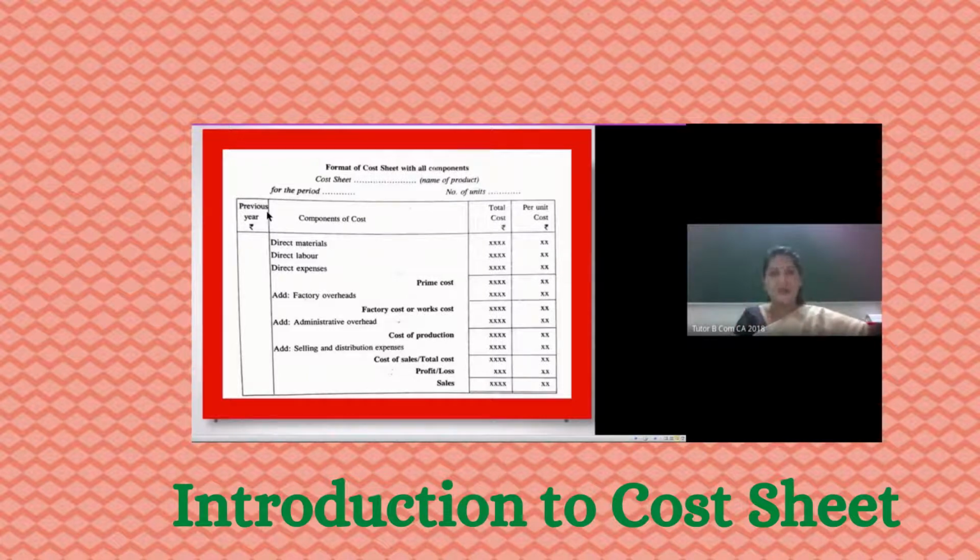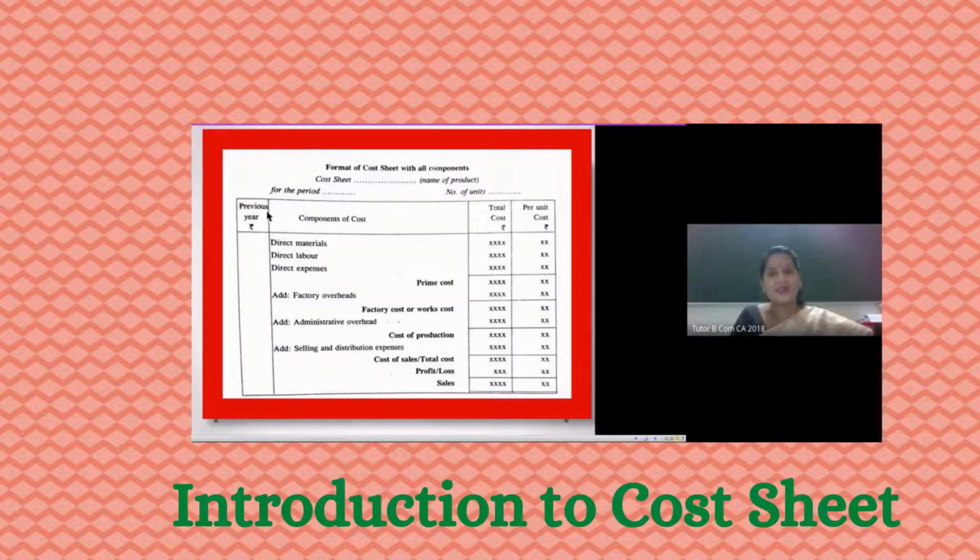So for you to remember, a cost sheet will have, of course, the first three parts, the primary part that will be applicable to all firms, irrespective of whether that is a manufacturing concern. It is the production cost, the cost of rendering service. In a manufacturing concern, that will be the cost of production, directly related with the production process.